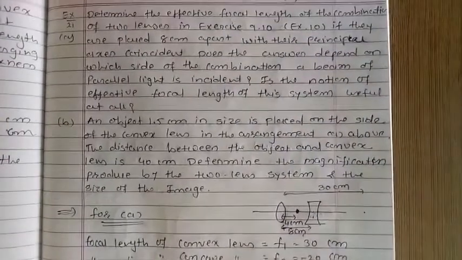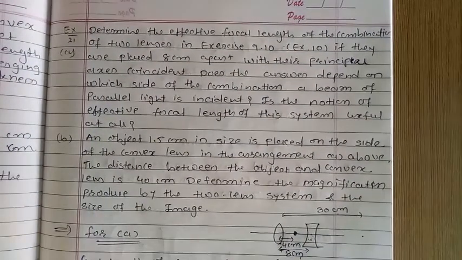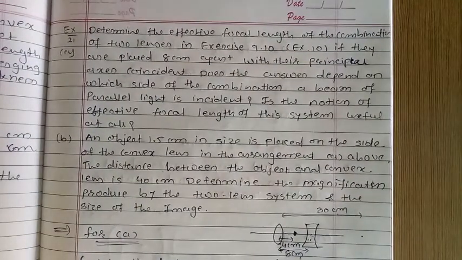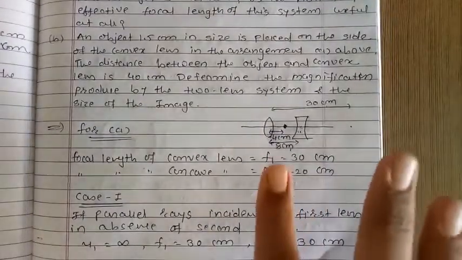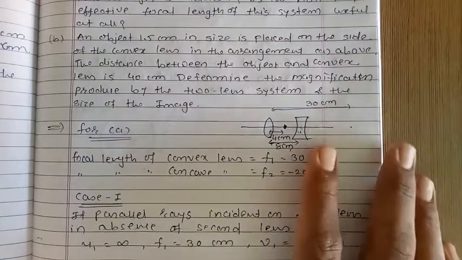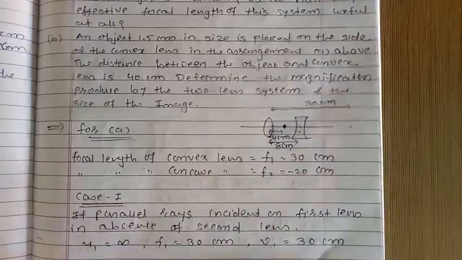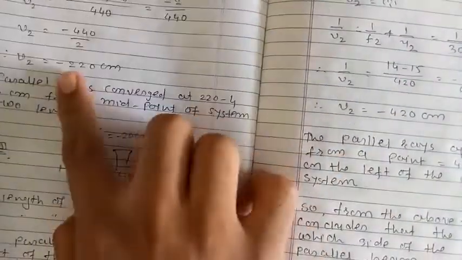Okay, so this is our A section, right? So here in A section we arrange the combination of lens. In the first case we arrange convex lens first and second concave and find out the image distance.